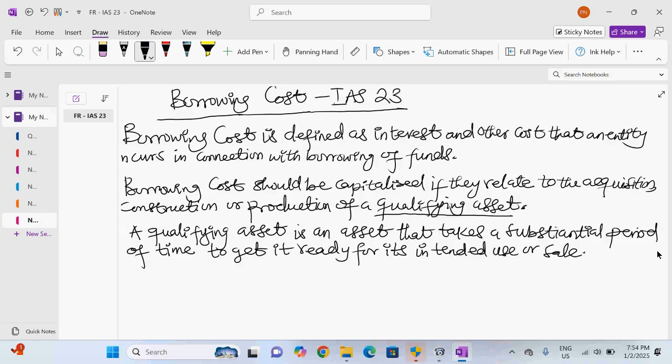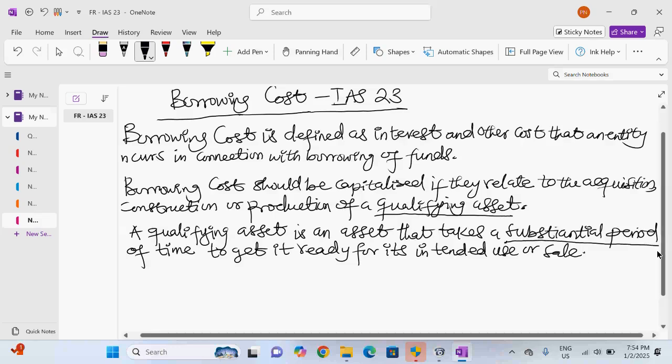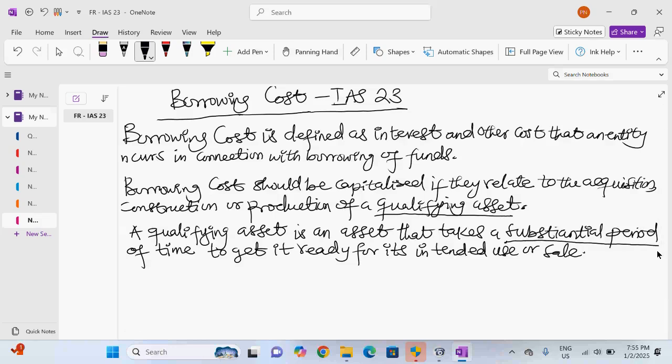What is the meaning of substantial? It means it takes a longer period of time to construct, acquire, or produce it.